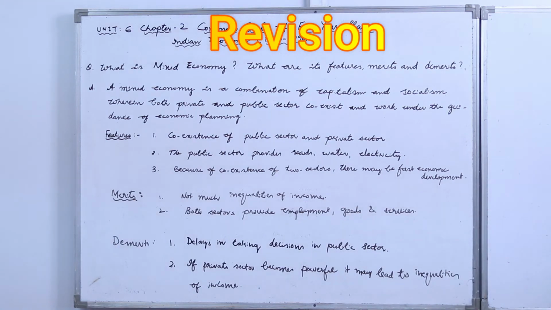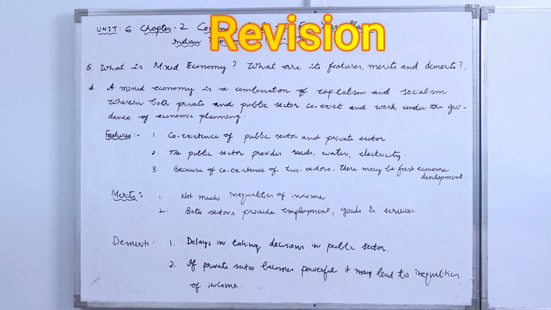Number two, both sectors provide employment and they also provide goods and services in the economy. Demerits: delays in taking decisions in the public sector, that's the government sector. If the private sector becomes powerful, it may lead to inequalities of income like in a capitalist economy.